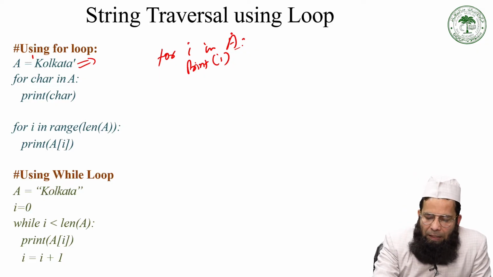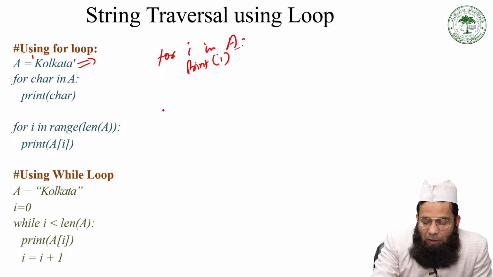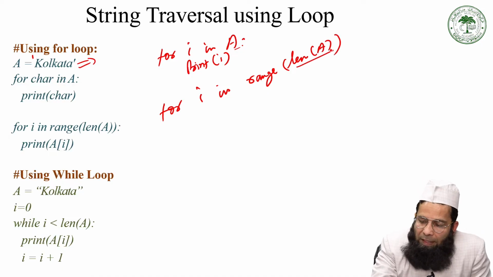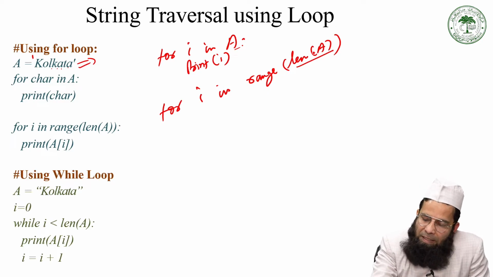The other way is I can use a range function as well. So the other way is for I in range length of A. Length of A, in this case, suppose I'm using A: 1, 2, 3, 4, 5, 6, 7. So length of A is 7.